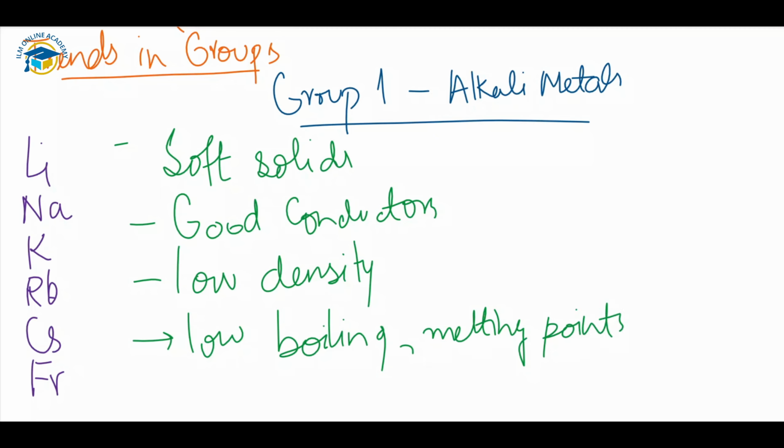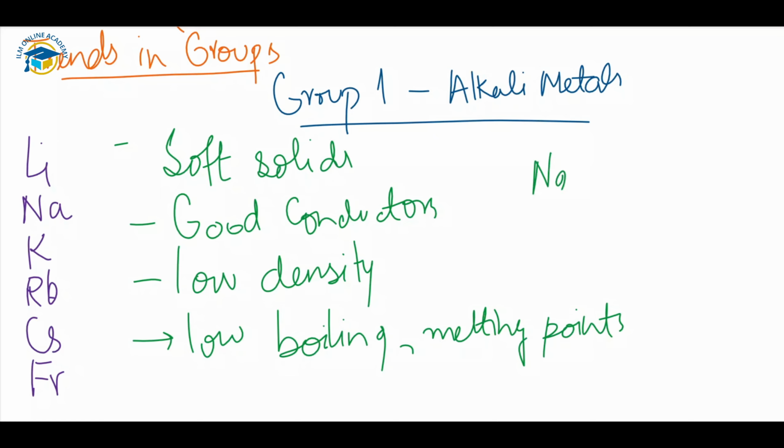Next, they burn in oxygen with specific flame colors. All the elements in group 1 have a specific flame color. They react vigorously with water and also with the halogens to form metal halides. When they react vigorously with water, what will happen?